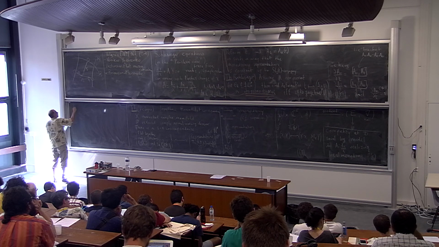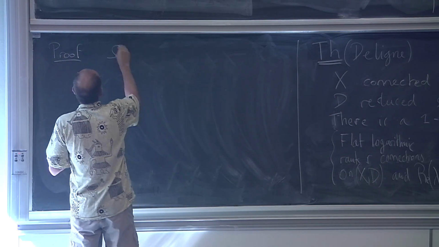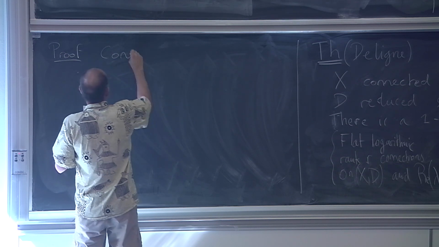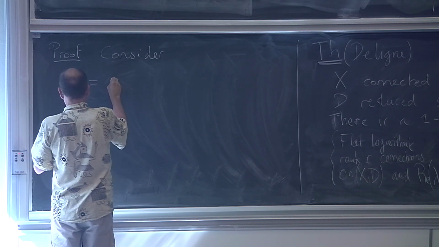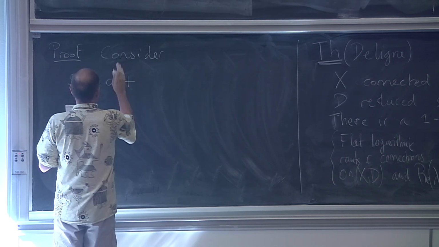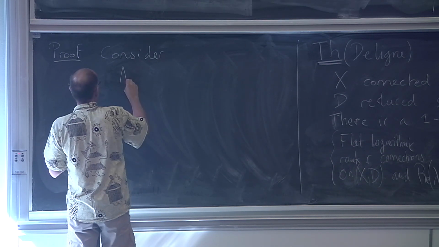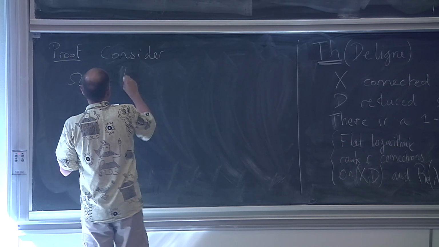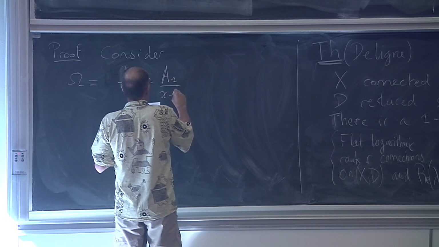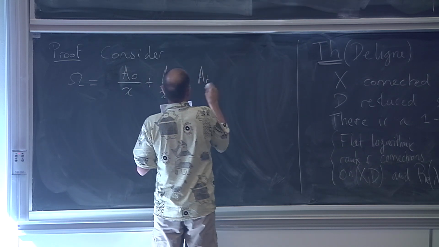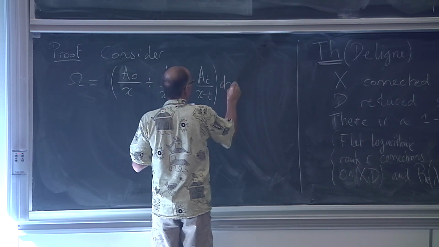So proof. Let's consider the following matrix differential equation, omega equal A0 over x plus A1 over x minus 1 plus AT over x minus t times dx.